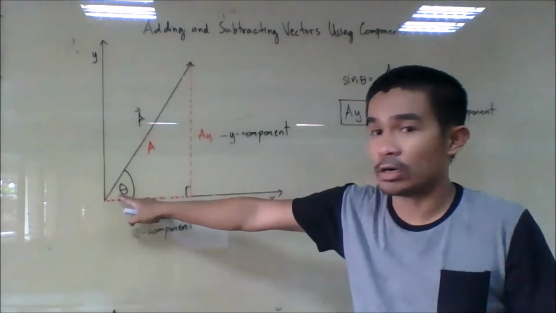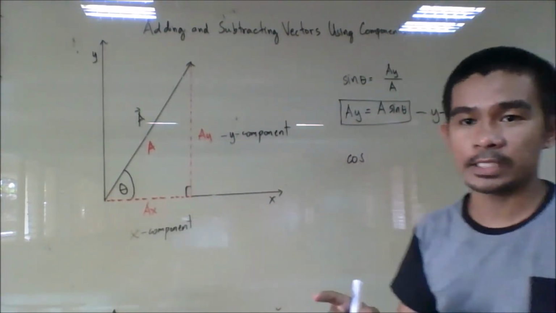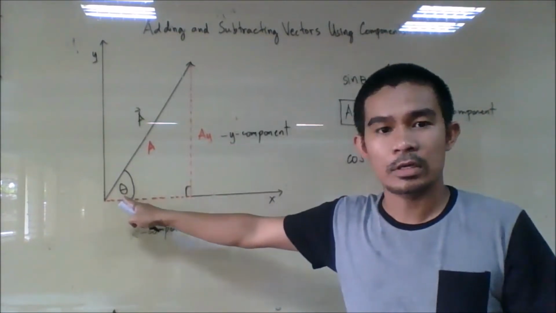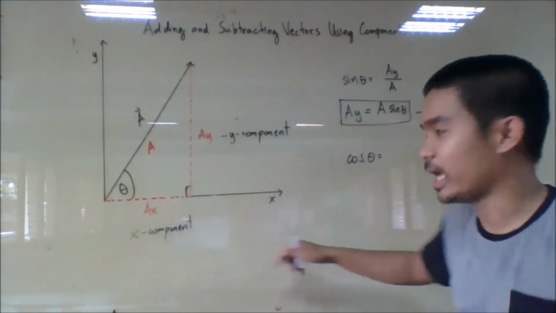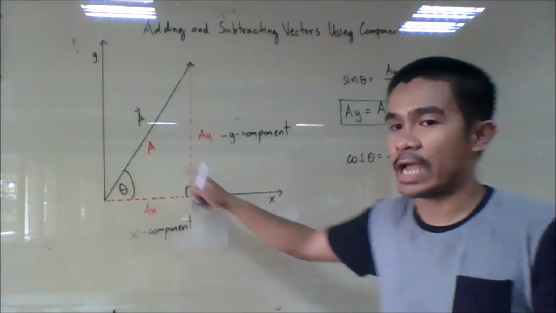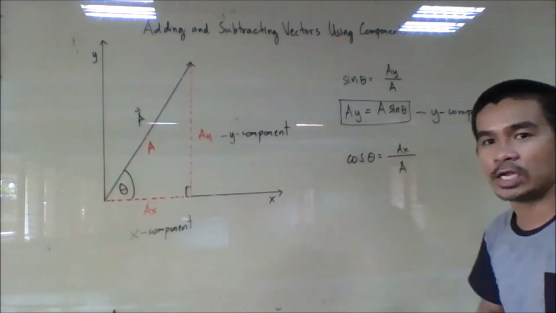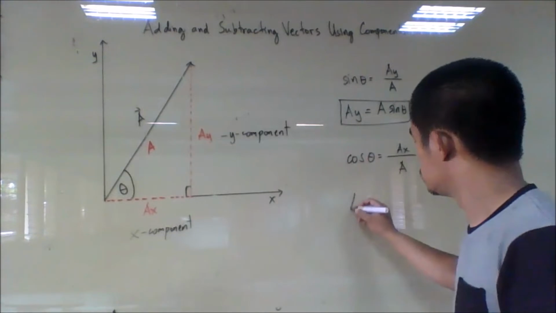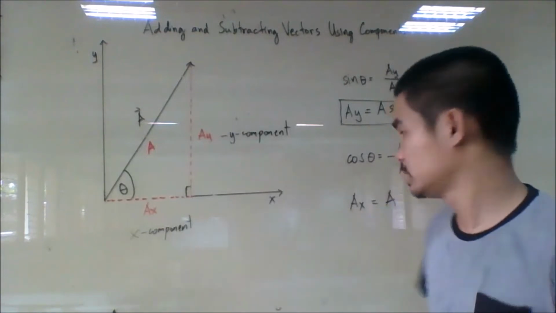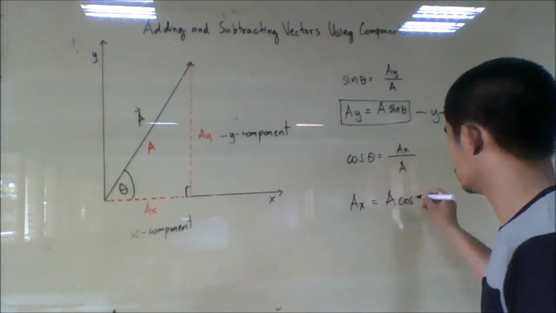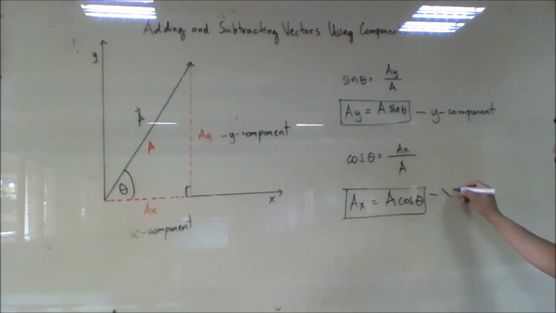If you get the cosine of this angle, the cosine of the non-right angle of a right triangle is the adjacent side, Ax, over the hypotenuse, the longest side of the right triangle, which is A. So the magnitude of the x component is equivalent to the magnitude of vector A times cosine of its direction, theta. So this is the x component.